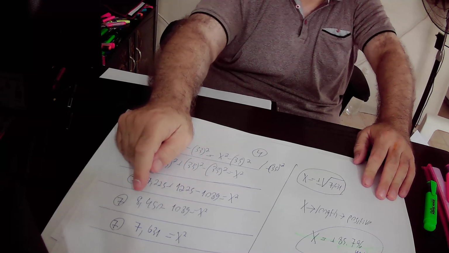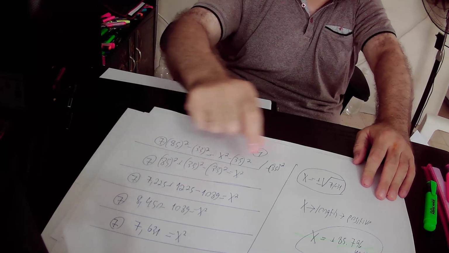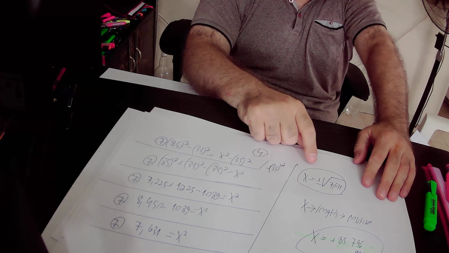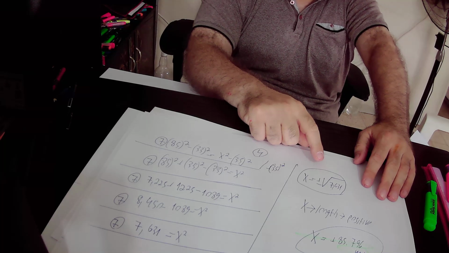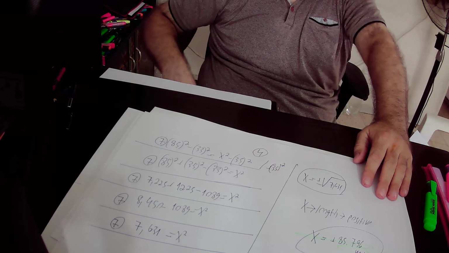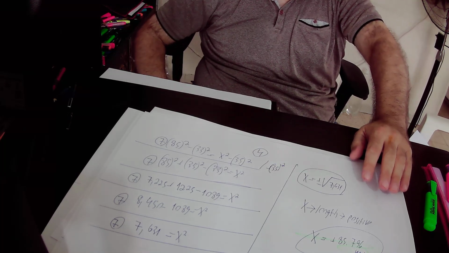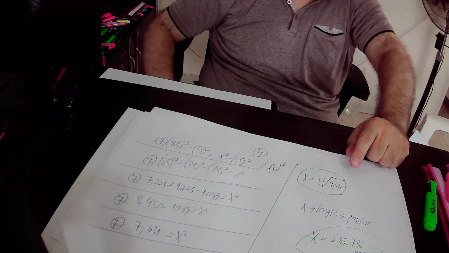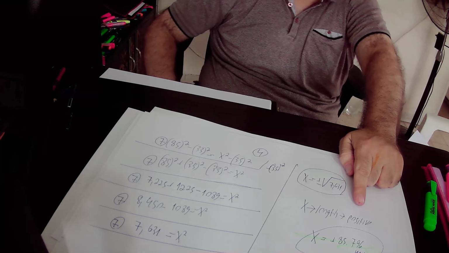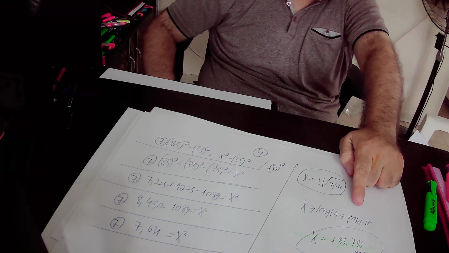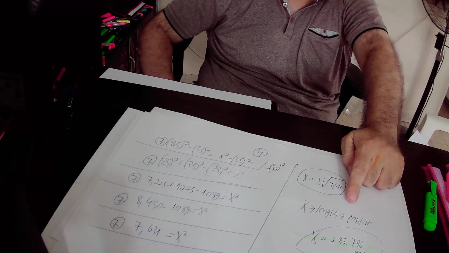We took the square root of this equation number 7, we found out that x equals to plus minus the square root of 7,631. So x will have here two solutions, the positive solution and the negative solution. But because of the fact that x is a length, it must be a positive number, so we take into account only the positive solution.